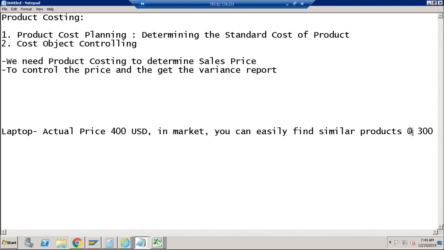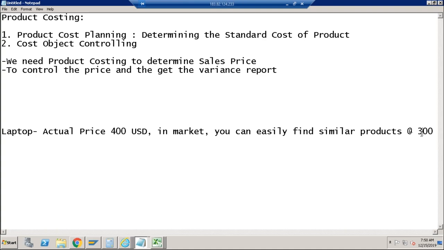If I am into manufacturing, and in order to manufacture a particular product I need to go for more expenses than the price which is already available in the market, why will I go for manufacturing in that case? I will simply go into the market, buy the material, do my labeling part, and sell the material in the market, right? There are a lot of companies who are doing that.